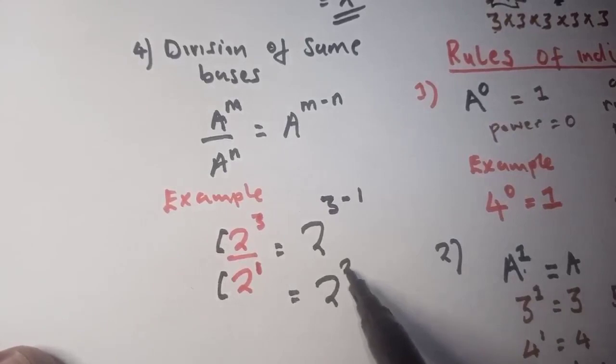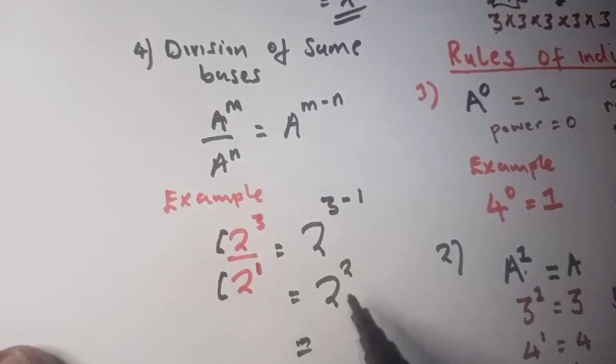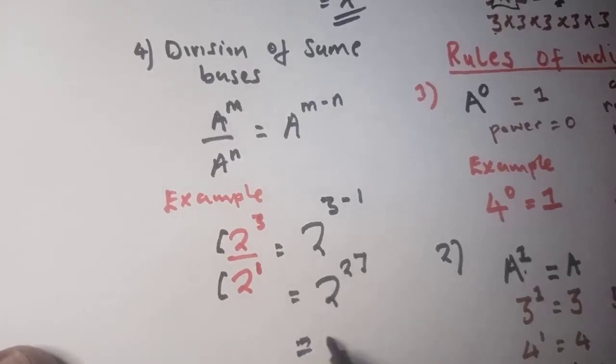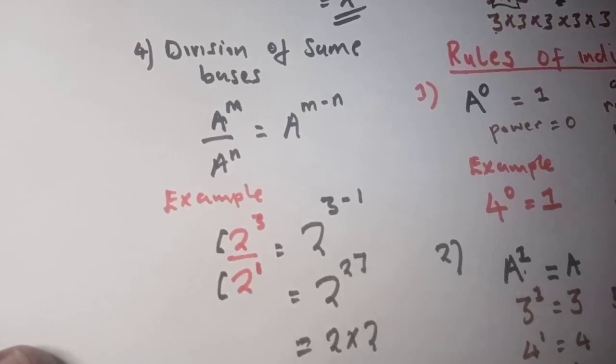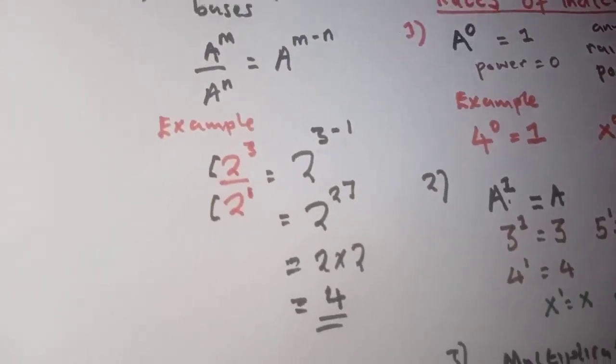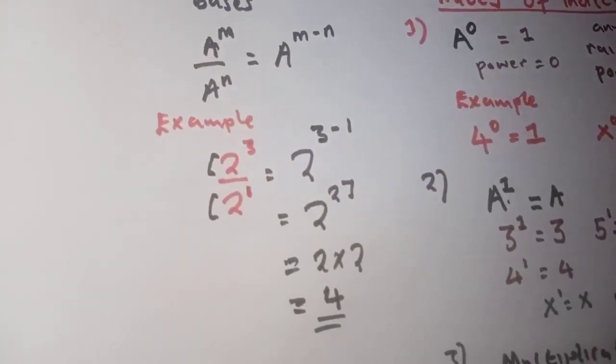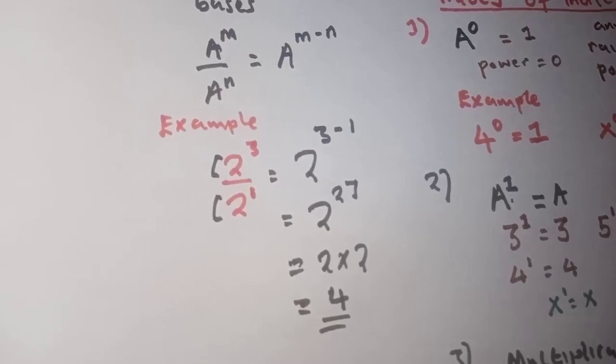Then this 2, what does it tell us? It tells us to multiply 2 how many times? 2 times, and here you simply get 4. This is very simple and straightforward. Just follow the rules. The most important thing here is to follow the rules.